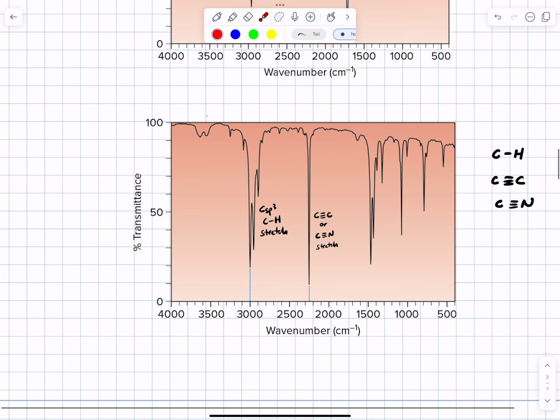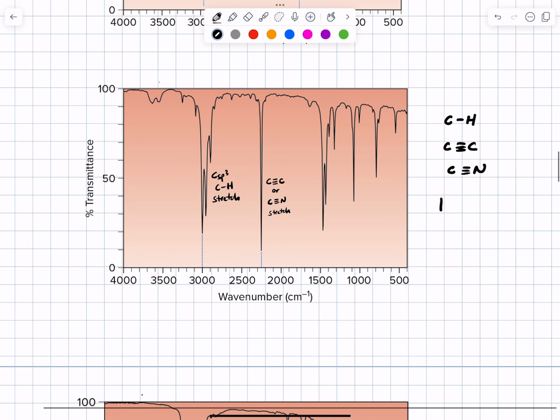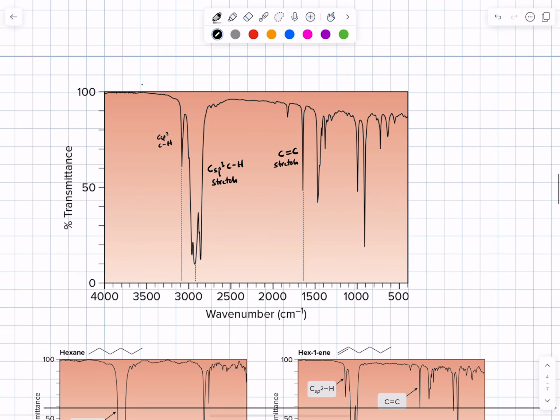And as I look at this molecule, there is no strong peak at 3300. So I could say that if it's an alkyne, it's probably not an alkyne like this, because I don't see a CH bond. See the idea here? We're just eliminating possibilities.